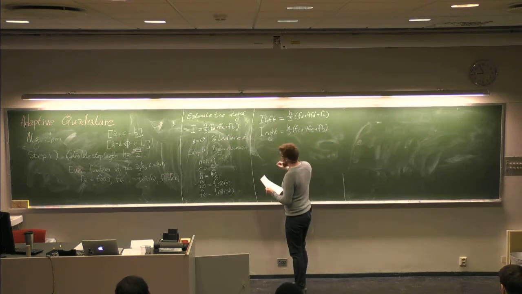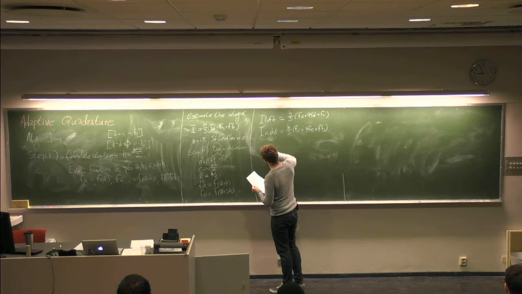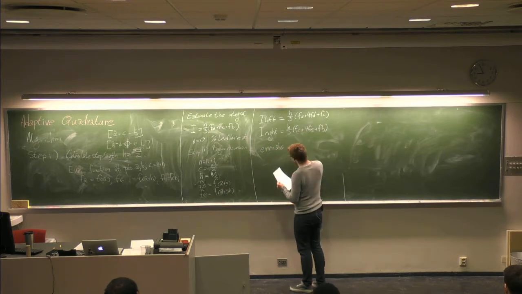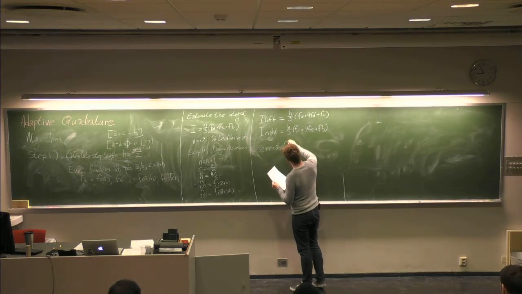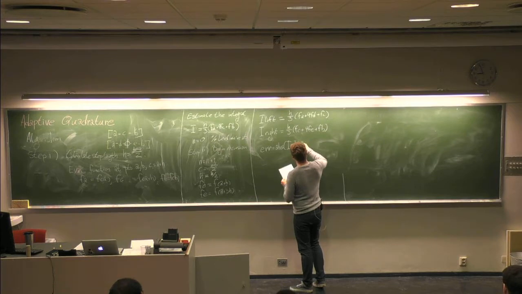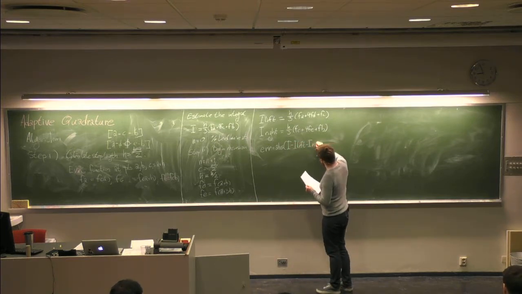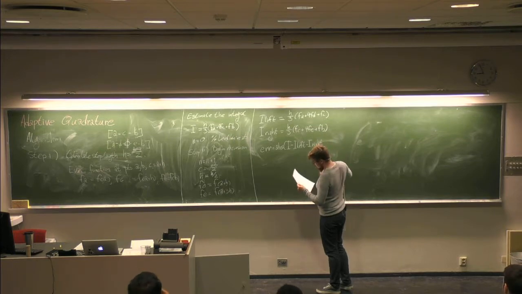So. And then we need to calculate the error, which is the abs of our first estimation, which is I, minus I left minus I right, like so.